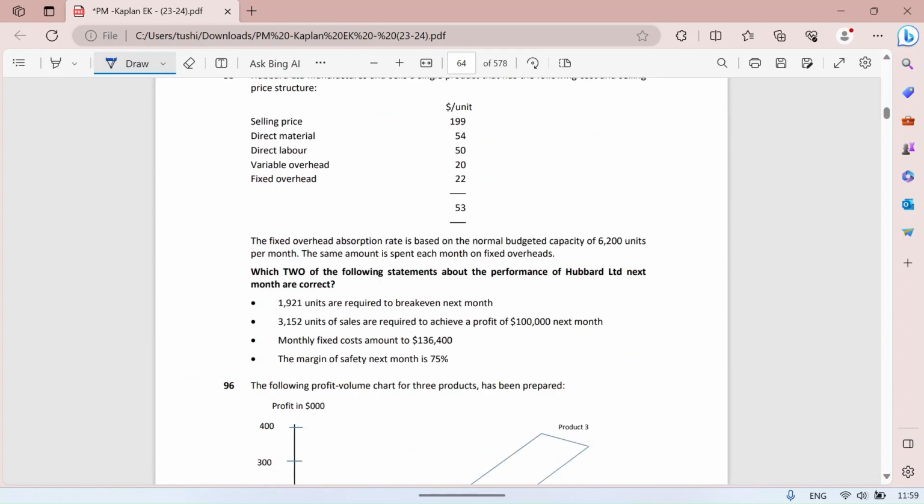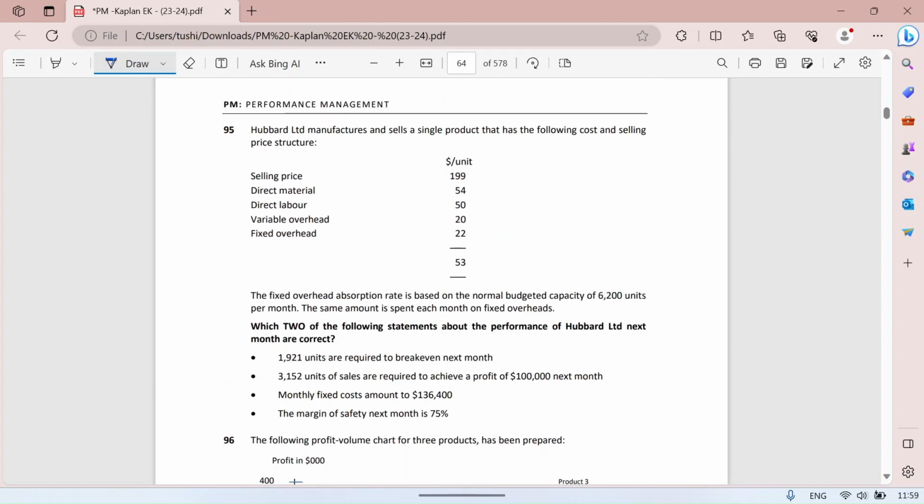Right. So each company manufactures and sells a single product. We have to tell which of the statements about the performance of H Limited next month are correct. The first statement says 1921 units are required to break even next month.